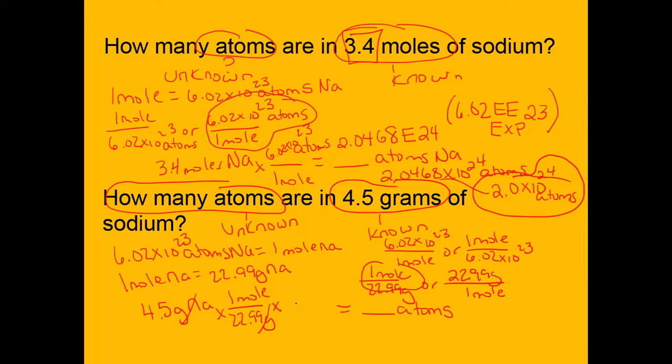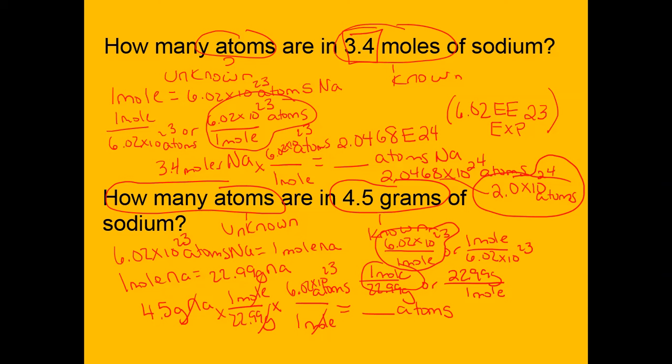The second conversion has got to get rid of moles and give ourselves atoms. Notice we divided by mass to get to moles. Notice we multiplied by Avogadro's number to get to atoms. So get rid of moles, it'll give us atoms, and now it's just a matter of plugging it into our calculator using the same idea as what we just discussed before.